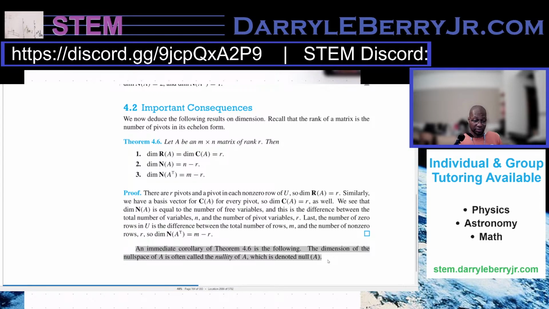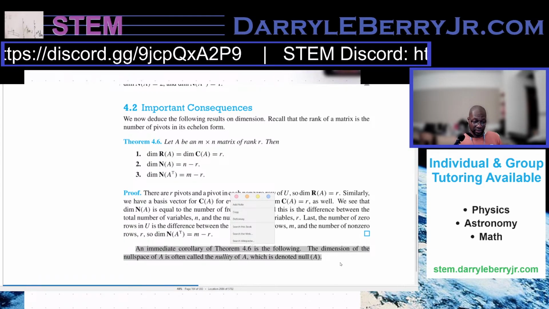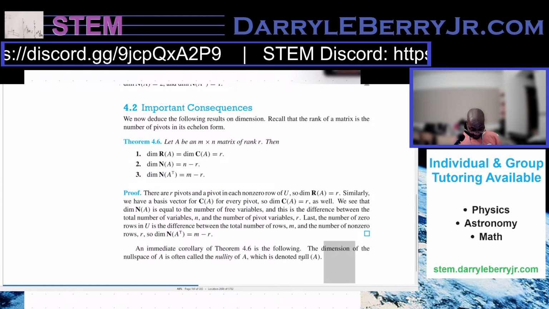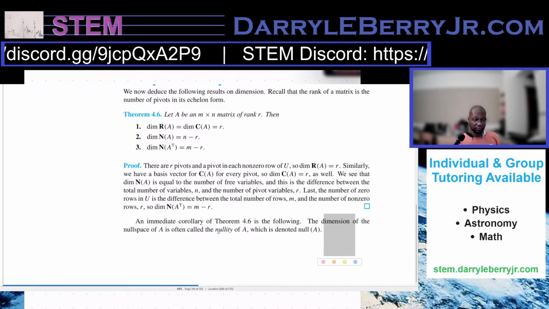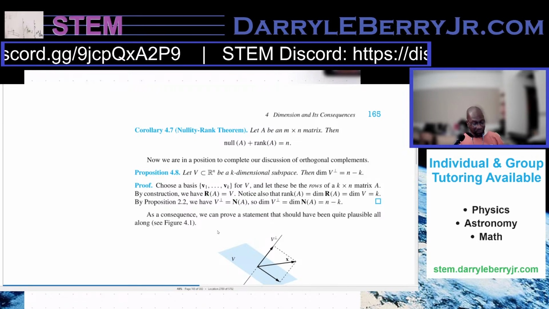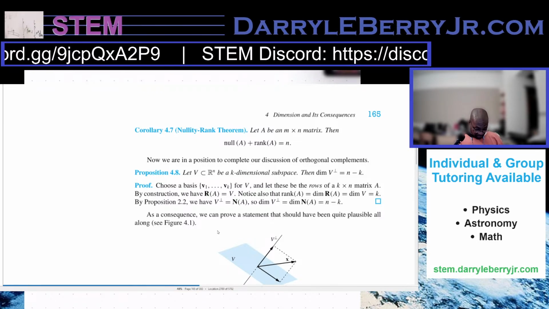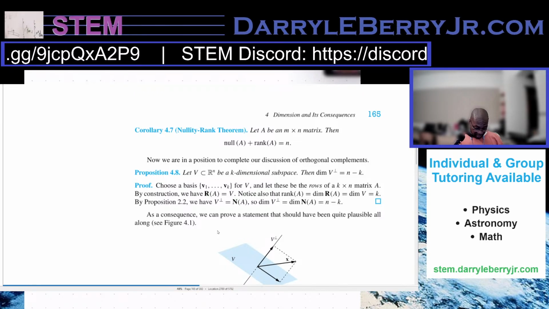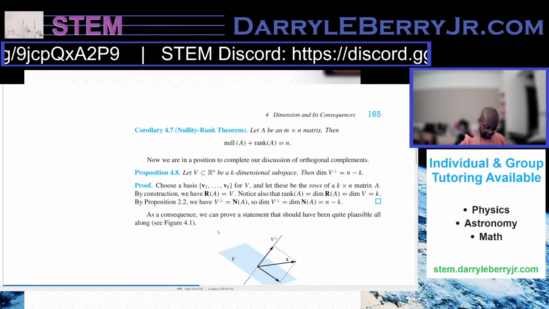The dimension of the null space of A is often called the nullity of A, which is denoted null A. So we know the dimension of the null space of A is 2. I forgot n is 4. So corollary 4.7.